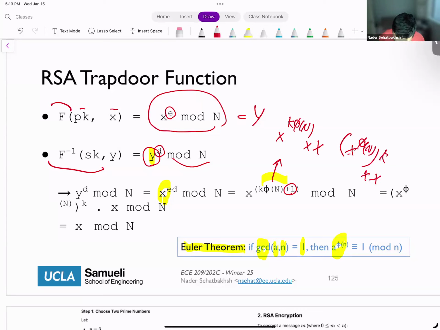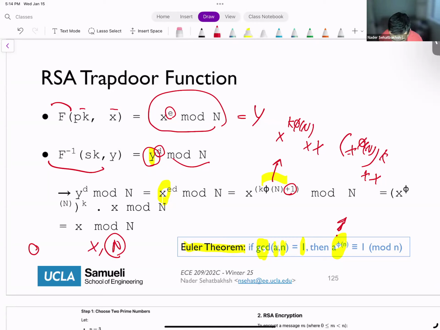Then I'm going to use this formula and see that in this case, phi of n is the exponent, and a is in this case x.